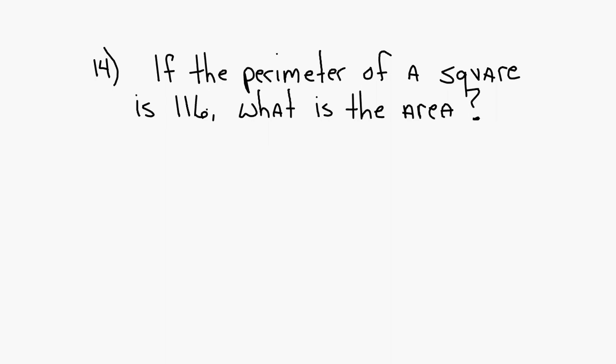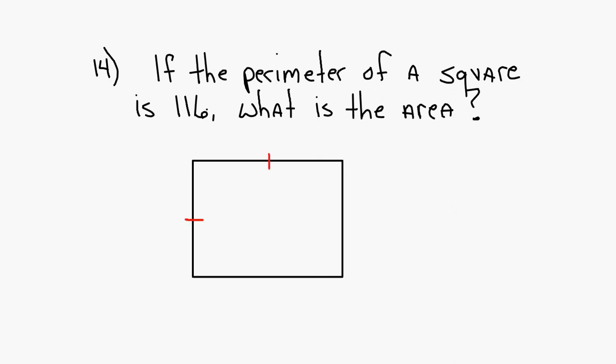So you've got a square. In a square, all the sides are the same, aren't they? If all the sides are the same, and it's 116 all the way around it, how would you find one of the sides?